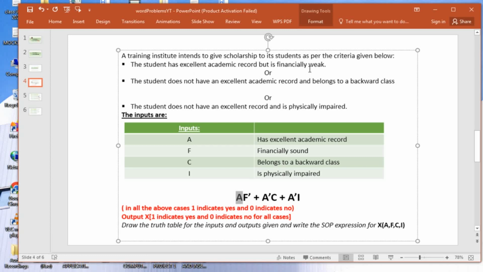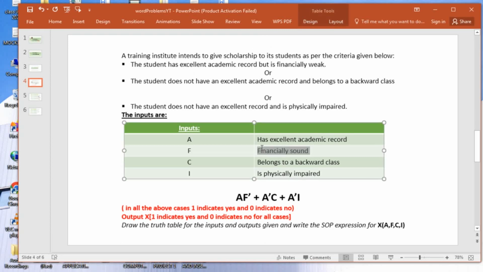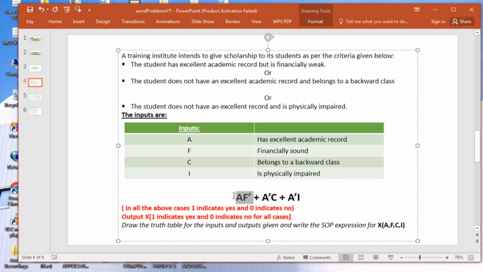But is financially weak. Sound means F, and if it is weak, it means F bar or not F, right? So this is my first term.